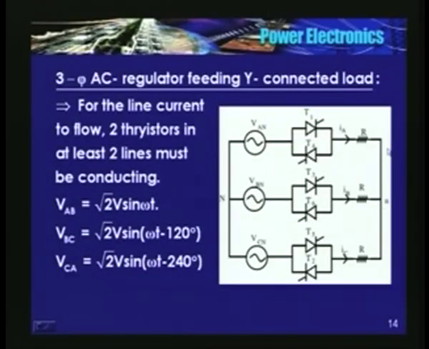AN, BN, CN are the phase voltages. Okay. A three-phase resistive load star connected, and you have three pairs of back-to-back connected SCRs. Okay. In this circuit, for the current to flow in the load, at least two thyristors in two different phases should be on.